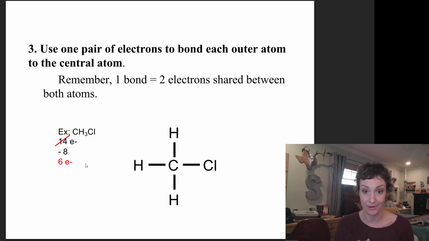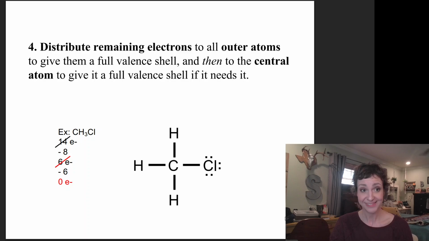We're getting to that, okay? But the goal here is I got to bond everybody up to the central atom and then remove how many electrons that took from my original total electron ticker. Ticker, I don't know if it's the correct way to say it. Whatever, count, whatever thing.